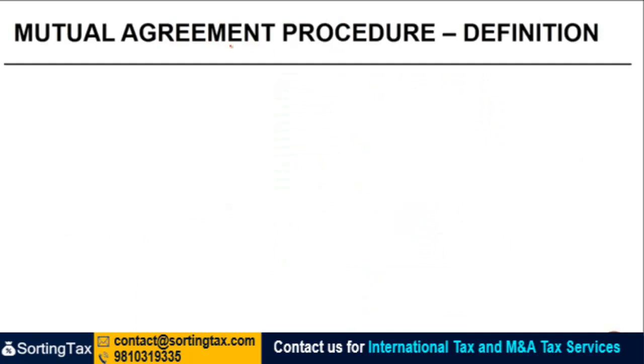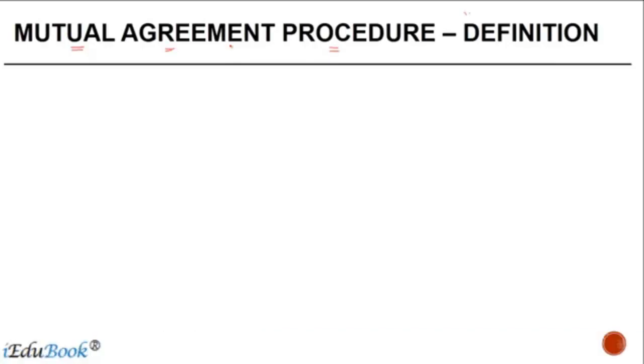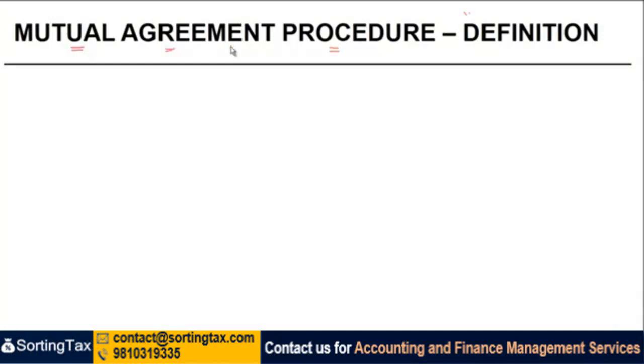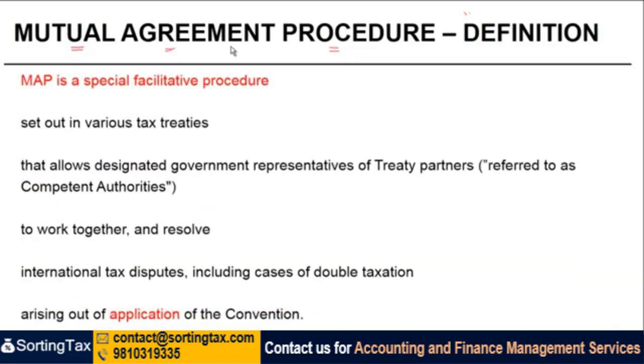So let us understand what is the meaning or the definition of this term mutual agreement procedure, right? While I've used the word definition over here, this does not refer to any standard definition, but it's just a simplified form which we've tried to put together to communicate the meaning of mutual agreement procedure, or MAP as it is generally called in international tax parlance.